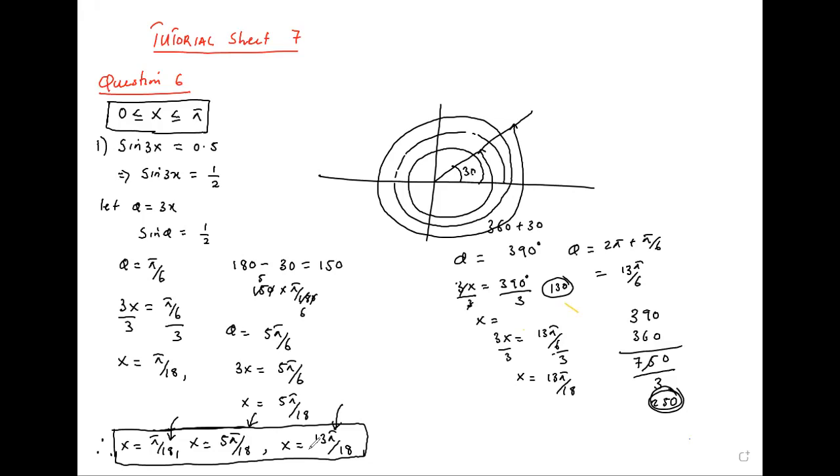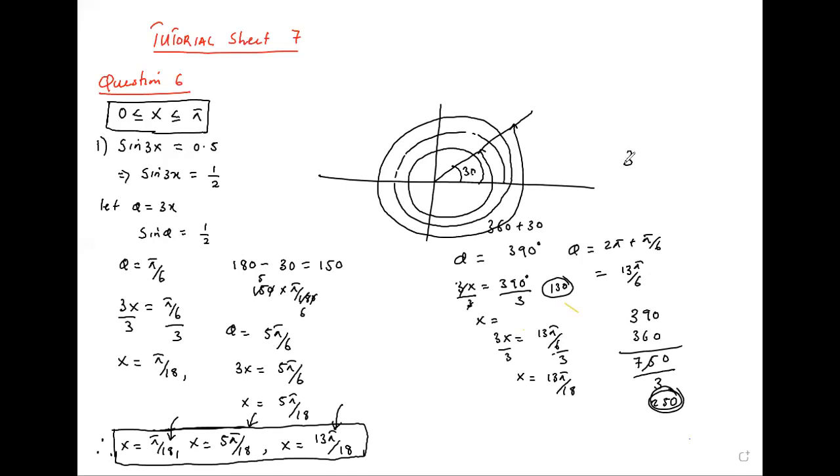How did the 13 pi come about? We changed 390 to radians.